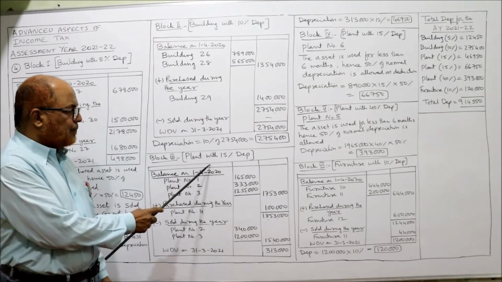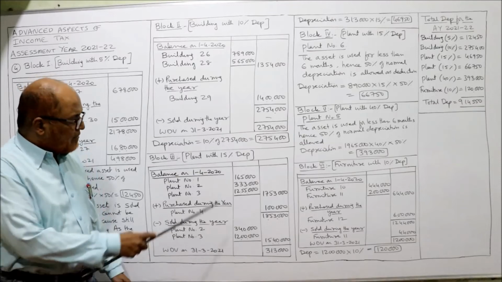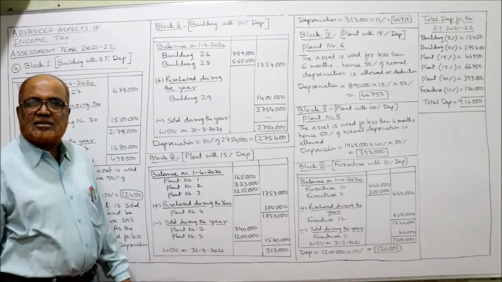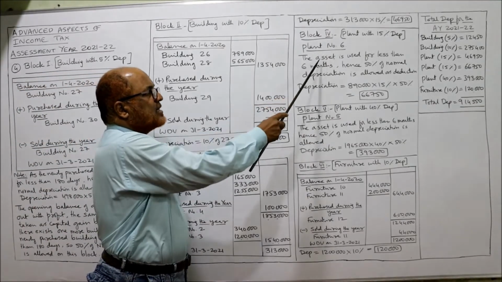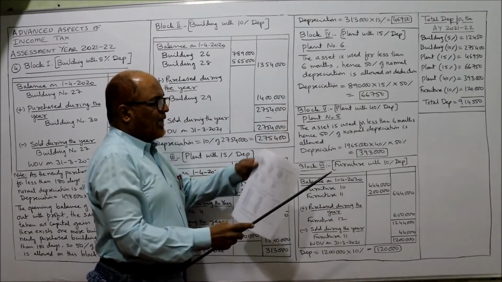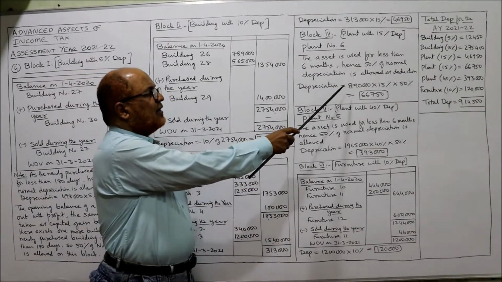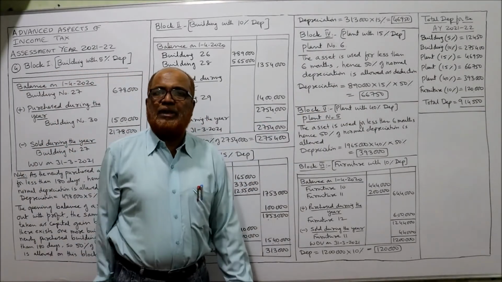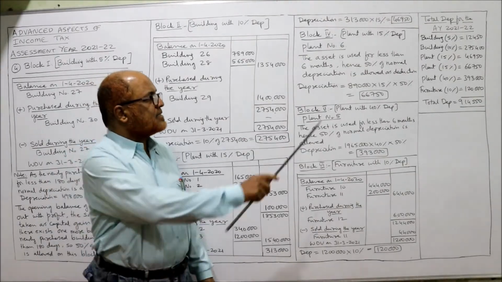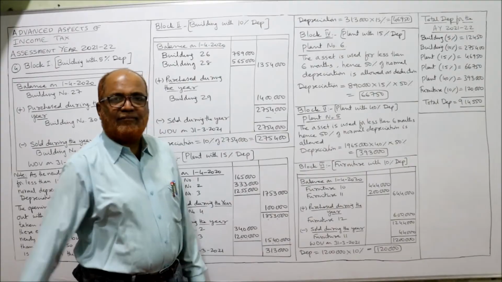We have not included it earlier because it is used for less than 180 days. The asset is used for less than 6 months, hence 50% of normal depreciation. 8,90,000 into 15% into 50%, half, 66,750 is the depreciation.